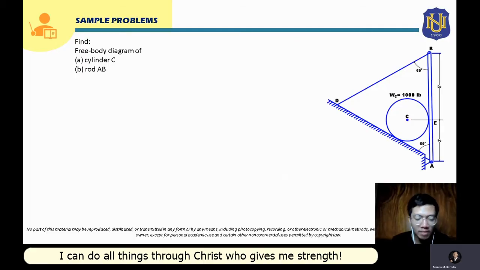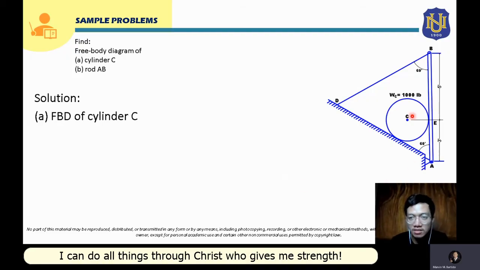For this problem, again, we will start to construct the free body diagram of cylinder C. So our cylinder C is this. Our first step is to draw this cylinder, assuming that its supports are removed.